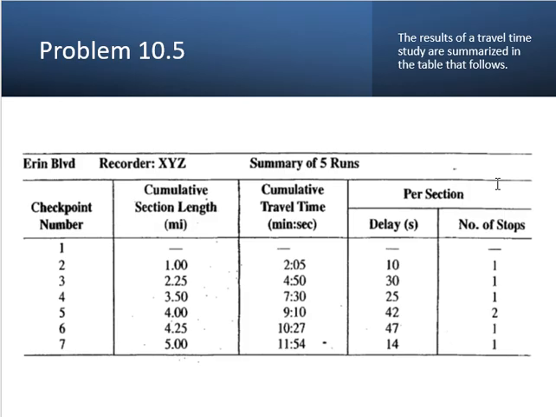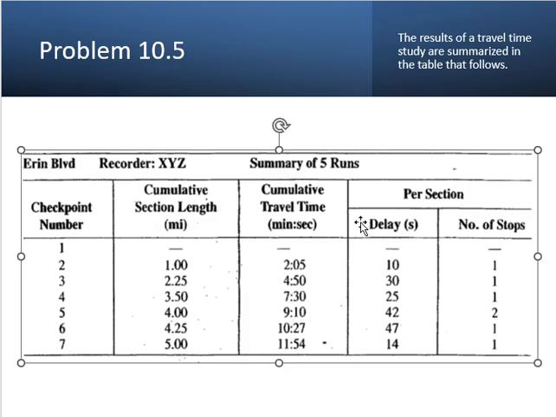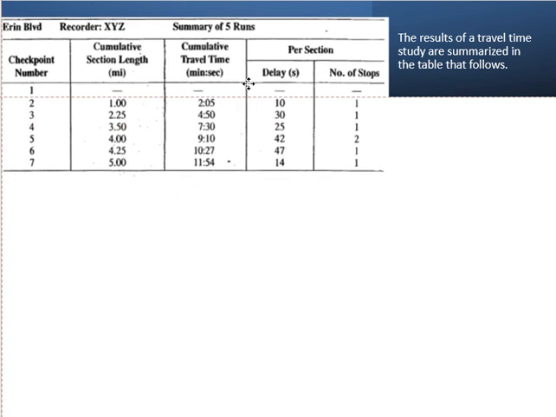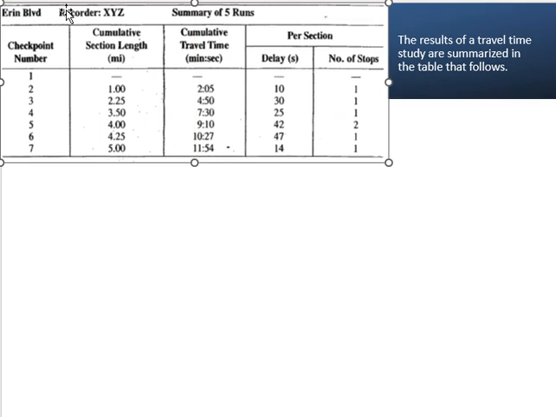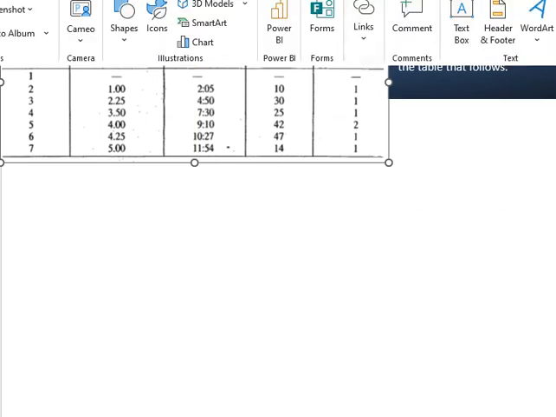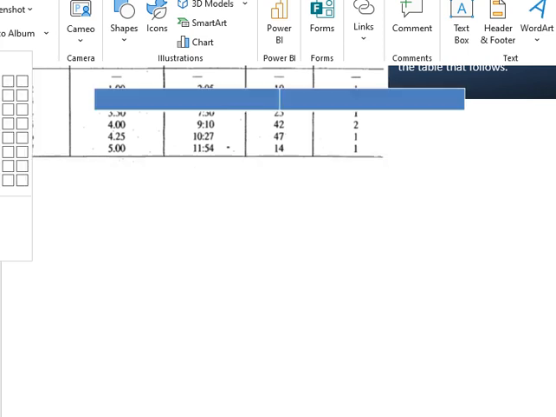We're looking at this example. Again, the data is given from a test card method. We can see the values are given for each section: cumulative distance, cumulative time, and the delay of each section. We were doing some calculations for it.